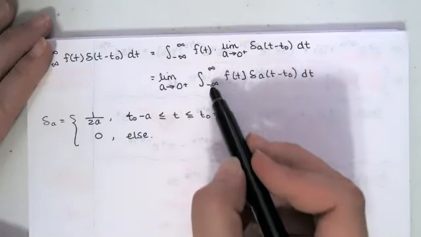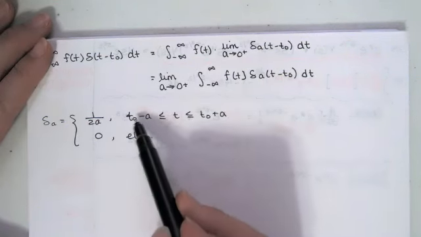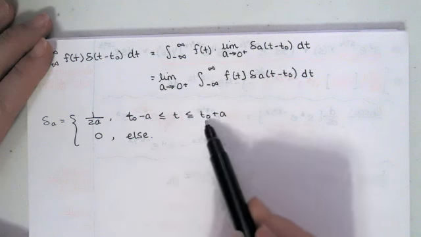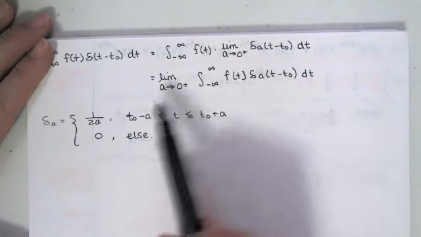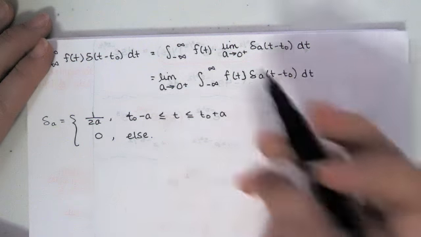So this integral from negative infinity to infinity really reduces to an integral from t naught minus a to t naught plus a, because otherwise we're just taking this function f of t and multiplying it by 0.